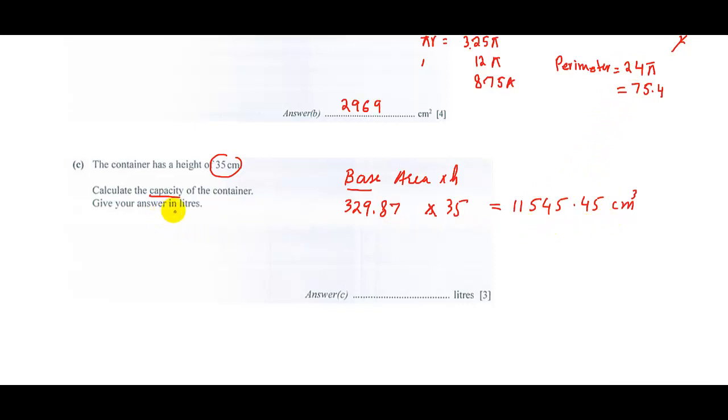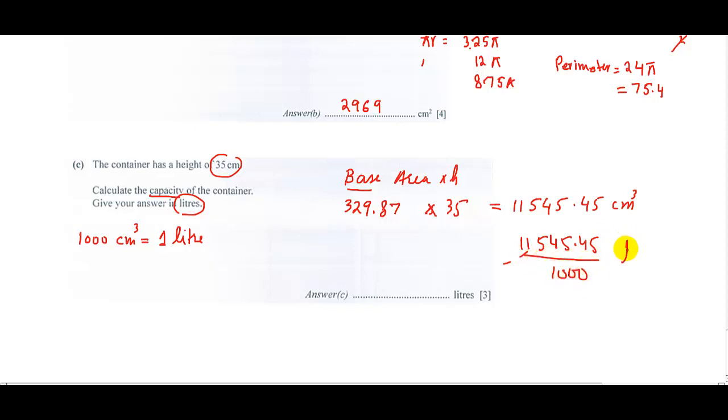So we have to give the volume in liters, and students, you know that 1000 centimeter cube is equal to 1 liter. So we will divide this by 1000. So if we divide 11,545 by 1000, it will be in liters.